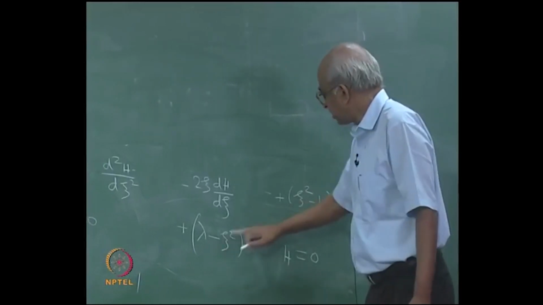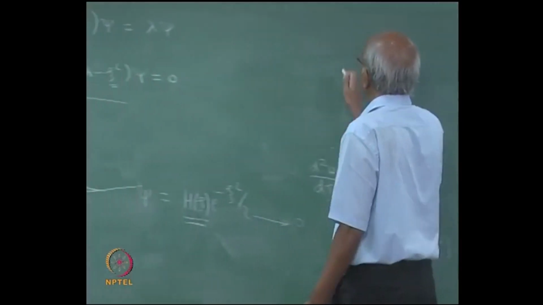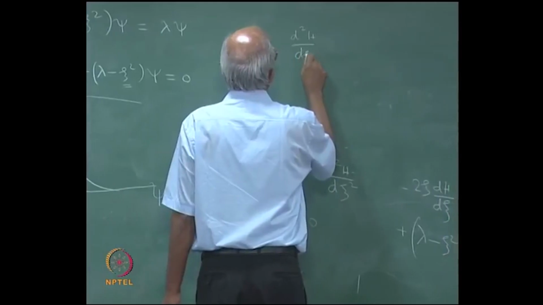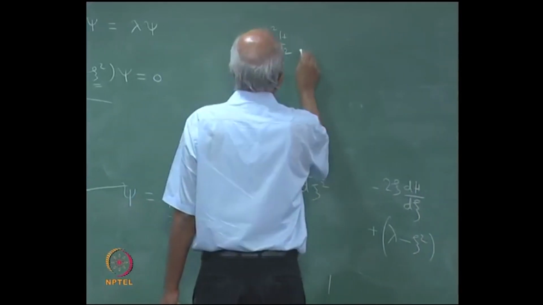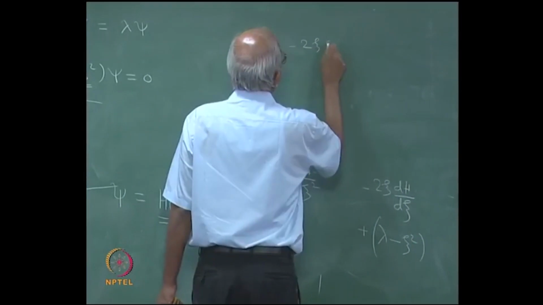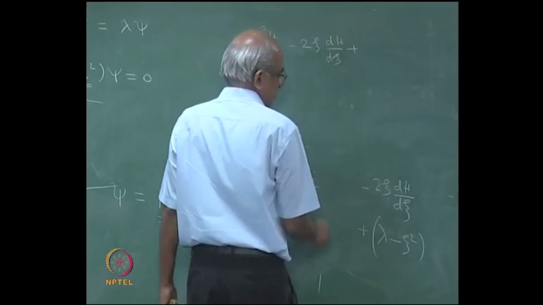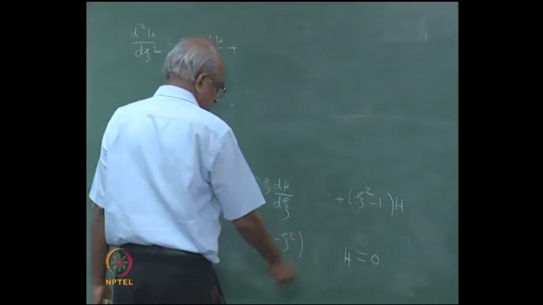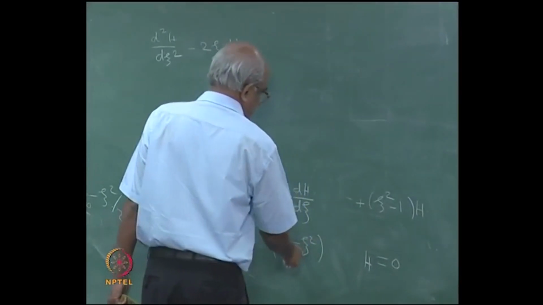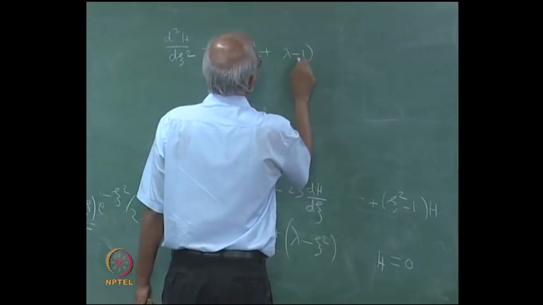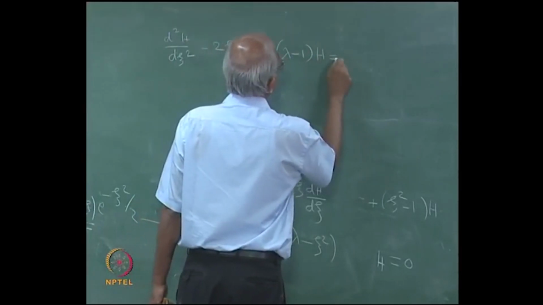So, this term and that term will cancel, and I will be left with d square h by dc square minus 2c dh by dc, plus what do I have left? This and that will cancel. So, I would have lambda minus 1 h is equal to 0.